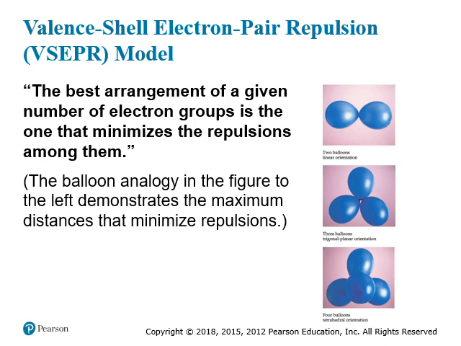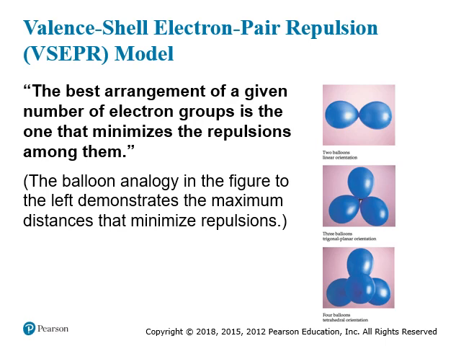If you look at the images on the right-hand side, what has been mimicked are electron groups being represented as balloons. So if we have a central atom, that should be seen as the center of the balloons, or where the balloons come together. If you have 2 electron groups around a central atom, in order to maximize the distance between them, they're going to be found on either side of the central atom.